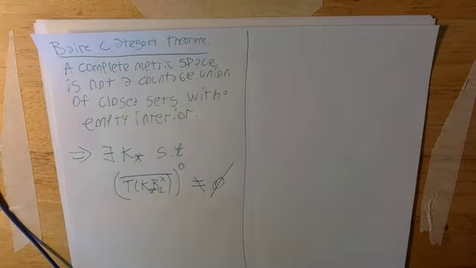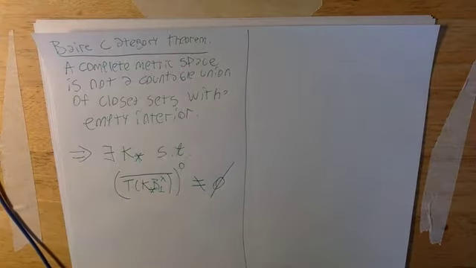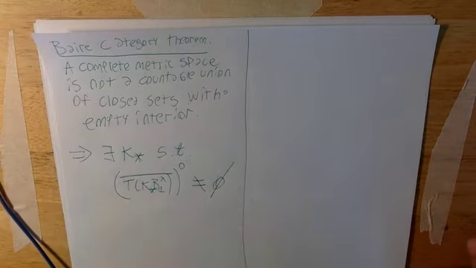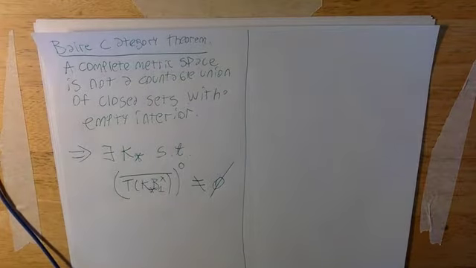Okay, so this is what the Baire category theorem tells us, that there exists one k star, and we'll show, of course, that by linearity, if you can do it for one, you should be able to do it for all of them. In particular, there is one k star in which this is non-empty.